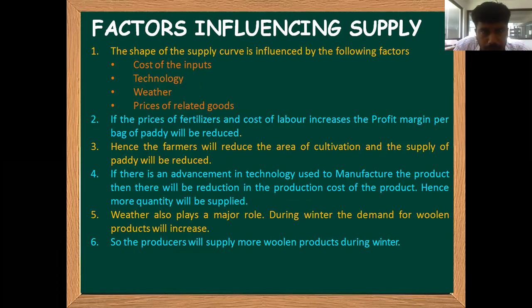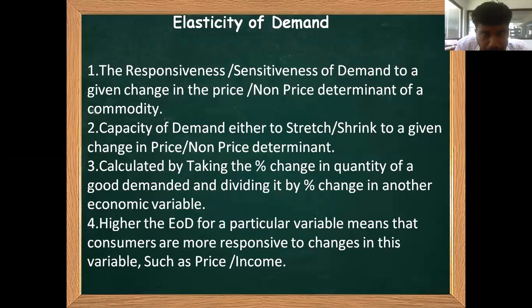Next are the weather conditions, for goods like sweaters and other things, so these matter, the environmental or geographical things. The prices of related goods also matter for the supplying process. So we have discussed all this.